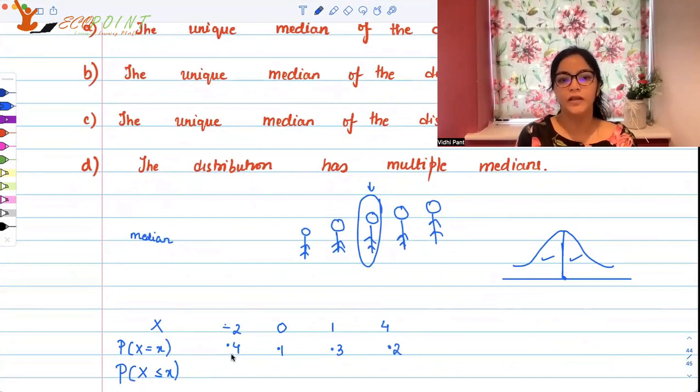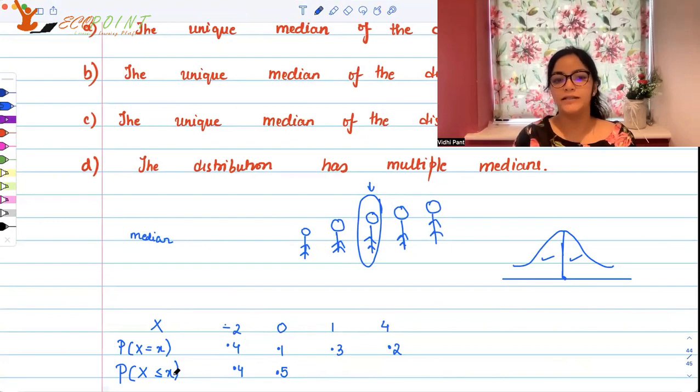So since there's nothing lesser than -2, I have 0.4, so it'll remain 0.4. Cumulative at 0 will be the sum of 0.4 and 0.1, that is 0.5. Cumulative for the value x equal to 1.